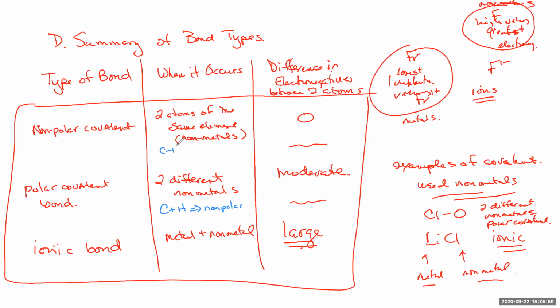And so I'm going to put that in two places. Whenever you see a carbon bonded to a hydrogen, if you just went by the rules written in red on our chart, you would think carbon to hydrogen should be polar, but I'm telling you, you need to just remember these are nonpolar. Turns out they have just about the same electronegativity. So they have a slight difference, but they're still considered nonpolar.